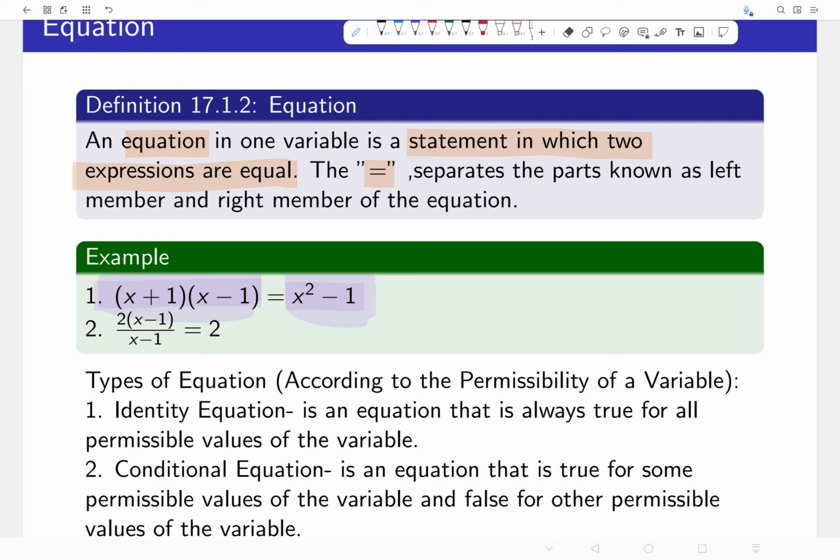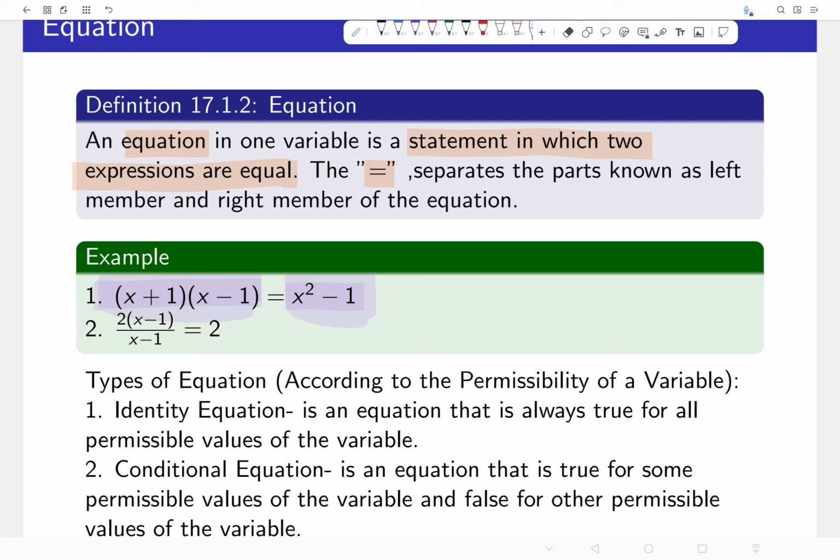But right now, an equation by definition is a statement in which two expressions are equal. So meaning x plus 1 times the quantity of x minus 1 is equal to the quantity x squared minus 1.